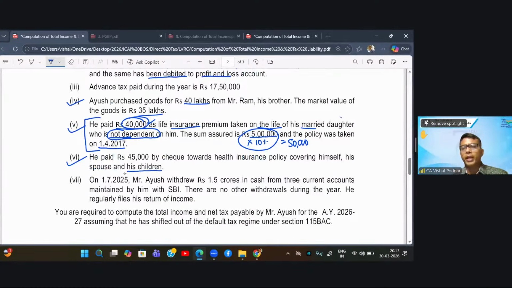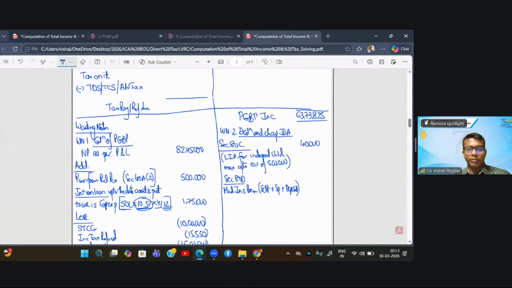Because if that includes this daughter, you will not be eligible for claiming the amount related to the daughter because the daughter is not dependent. But here that amount is silent and they have given a lump sum. So we are going ahead with the presumption that it is not for this daughter. That is why this entire 45,000 can be taken, because the breakup of this 45,000 is not given.